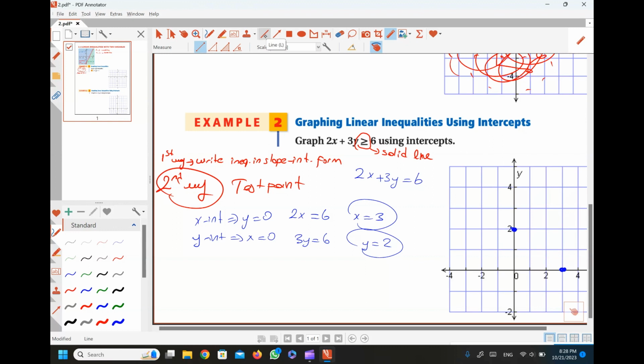One more time. So this is our line, and the final step would be figuring out the correct region to shade.